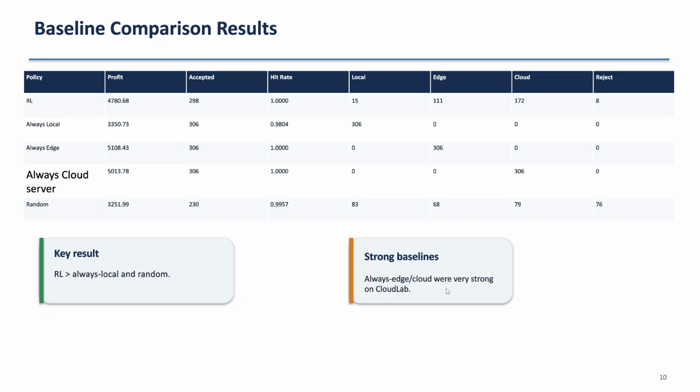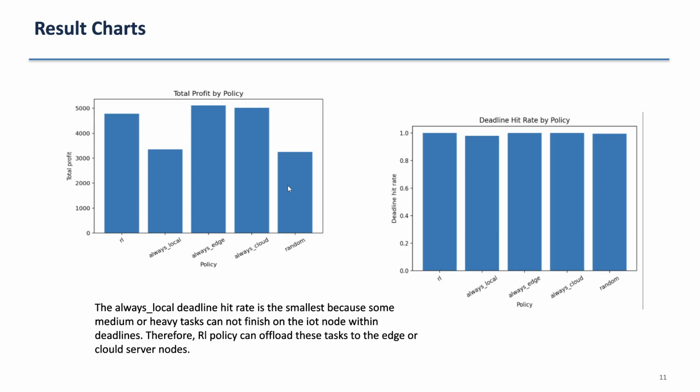That's all very strong on CloudLab. The always local deadline hit rate is smallest because some medium or heavy tasks cannot finish on the IoT node within the deadline. Therefore, the RL policy can offload these tasks to the edge or cloud server nodes.